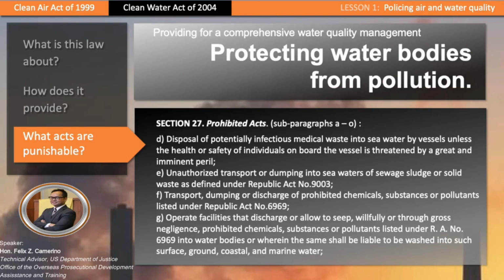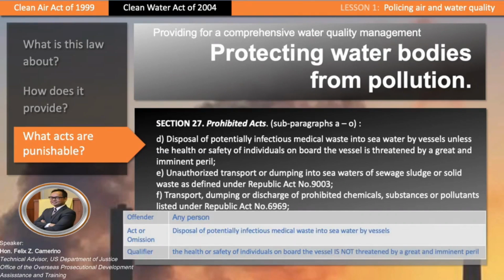So that said, this is how it would look on our table, on our worksheet. Okay, so the offender is any person. The act or omission would be disposal of potentially infectious medical waste into seawater by vessels. And the qualifier, of course, the general rule is it's unlawful to do that, but the qualifier is that the health or safety of the individuals on board the vessel are not threatened by a great and imminent peril.